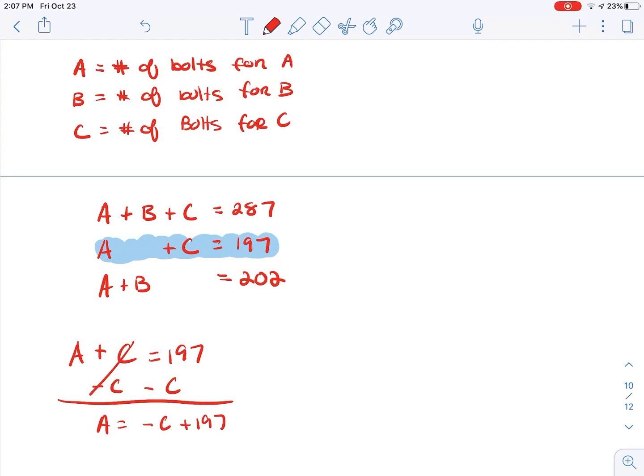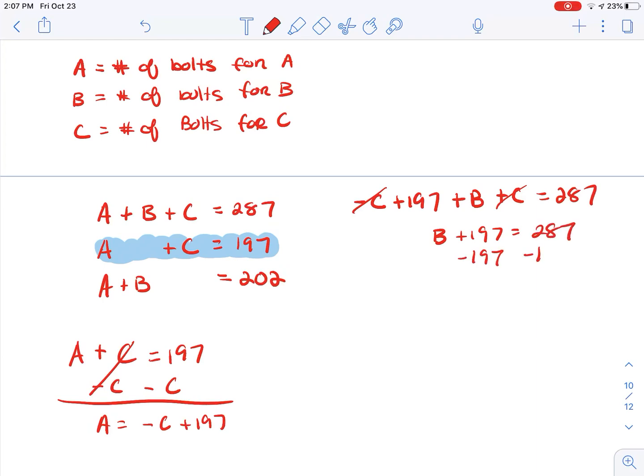So in A plus B plus C, I get minus C plus 197 plus B plus C is equal to 287. When I combine my like terms, I'm lucky. My C's will cancel out. And I end up with B plus 197 is equal to 287.